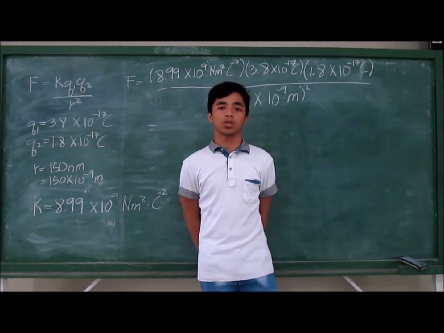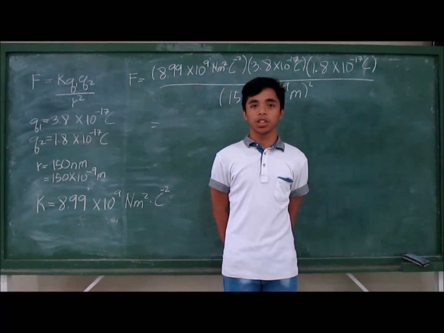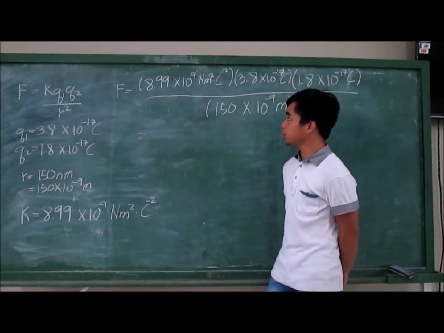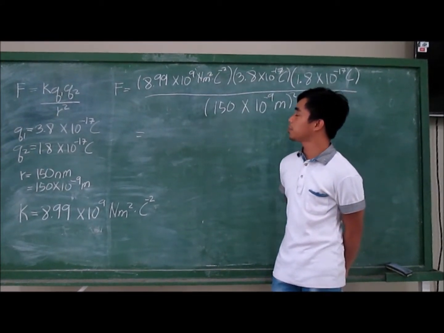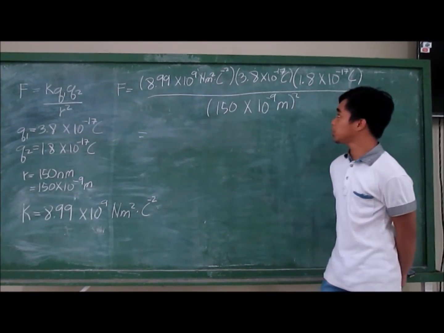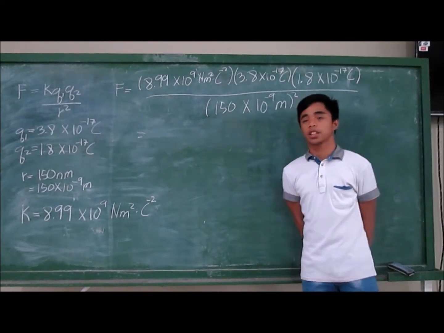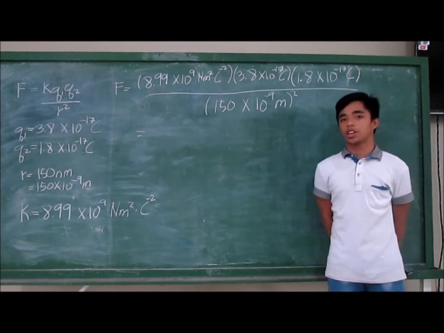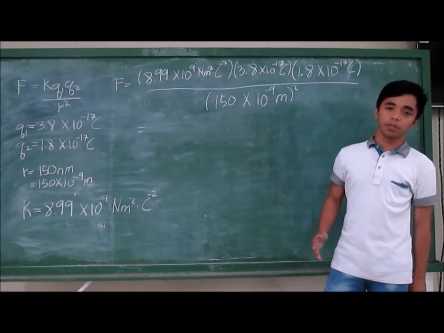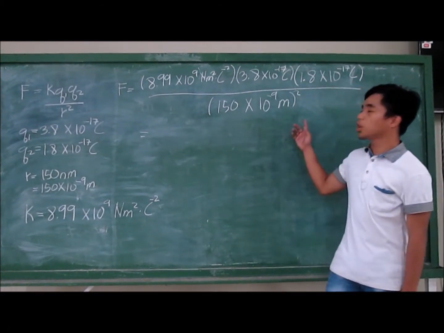Coulomb's constant is equal to 8.99 times 10 raised to the power of positive 9 newton meter squared per coulomb squared. The electrostatic force equals 8.99 times 10 raised to the power of 9 newton meter squared times coulomb to the power of negative 2, times 3.8 times 10 raised to the power of negative 17 coulomb, times 1.8 times 10 raised to the power of negative 17 coulomb, over 150 times 10 raised to the power of negative 9 meter squared.